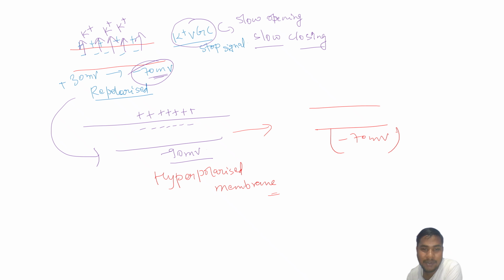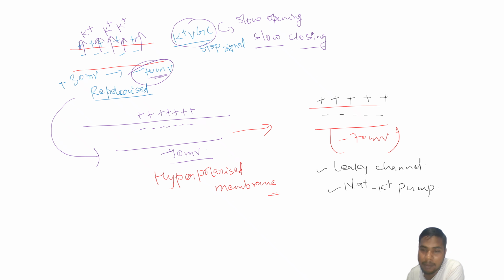So now, who is playing the role? Since outside is positive, the membrane tries to maintain minus 70 millivolt, and what is going to play a role? The leaky channel and the sodium potassium pump.